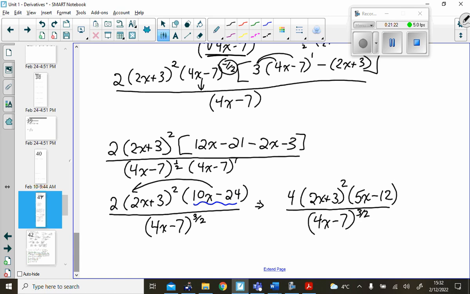So the good and bad news to these questions, the bad news is these are very complicated algebra steps. The good news is these are the hardest questions to do in the course. Right here is the hardest part. You have to take your time and go at it slowly, but it really doesn't get more challenging than these derivatives.